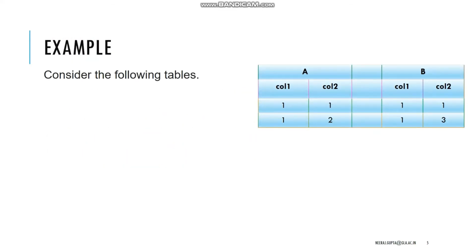Consider the following tables A and B, and these are the columns. So what should be the result of A union B? If a query is asked this way, to find the tuples which are either in this or this or both, then we use the union. So the result T contains column 1, column 2.